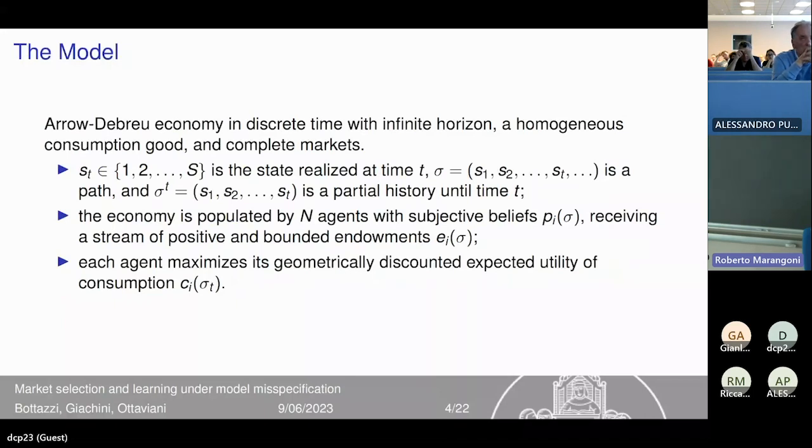So this means that each day there are S possible futures tomorrow. The economy is populated by different agents having different beliefs, and the beliefs are the probabilities they assign to the possible futures. And each agent, we will see, maximizes a given objective function of their consumption.